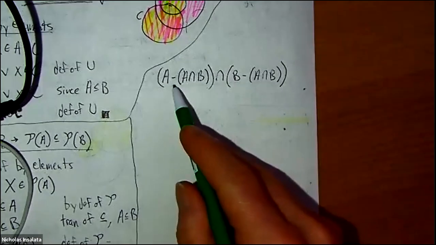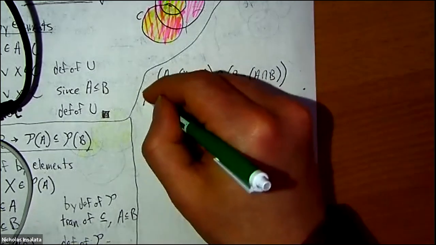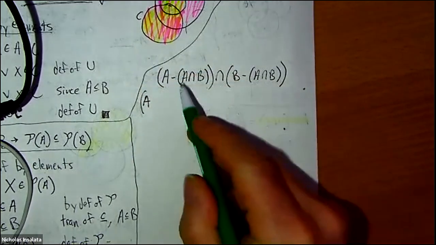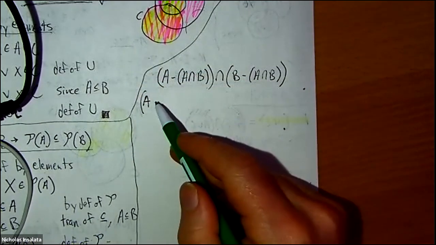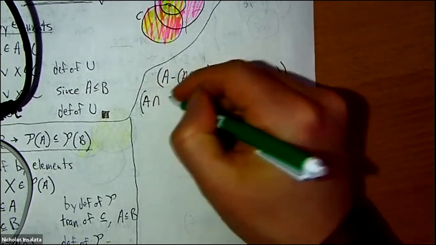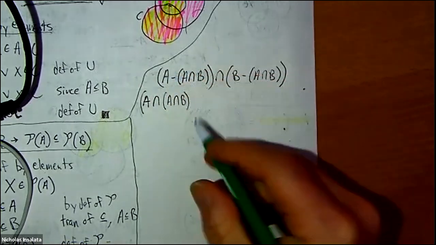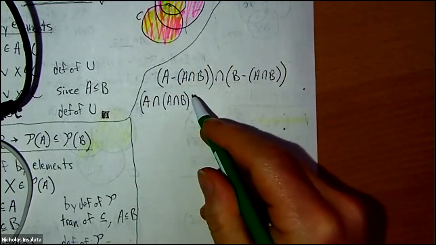Okay, set subtraction. So how do I translate that? So I'll have A, let me do the left side first. A, and the subtraction turns into what symbol? Intersection, okay, good. Then we'll have A intersect B, and then complement, right?